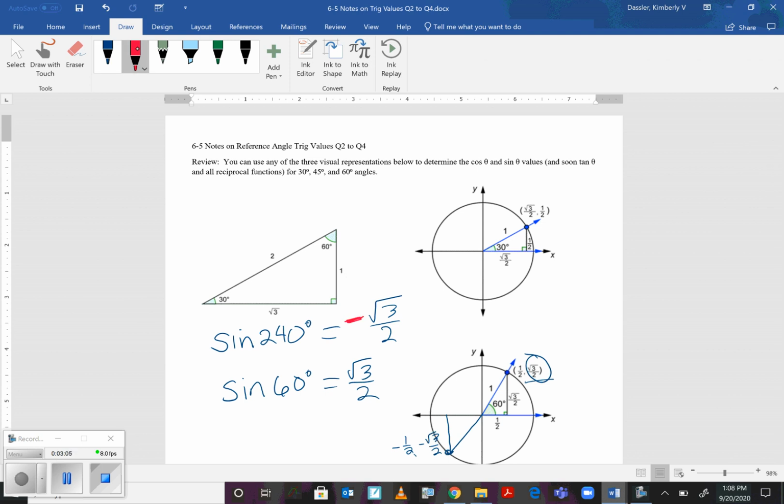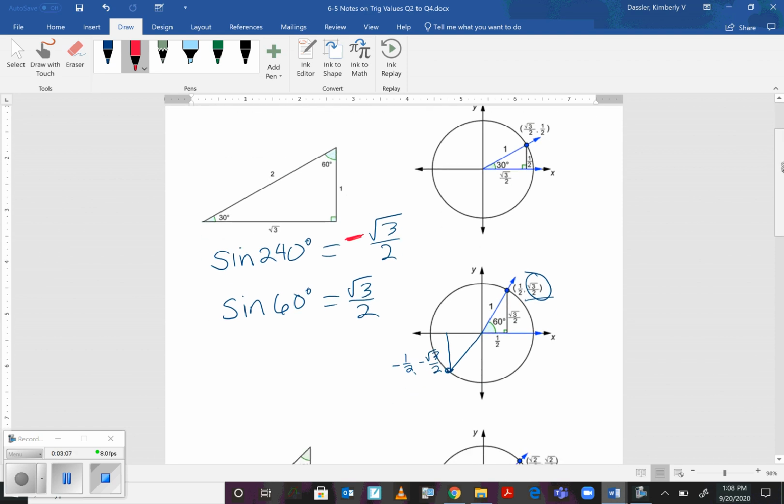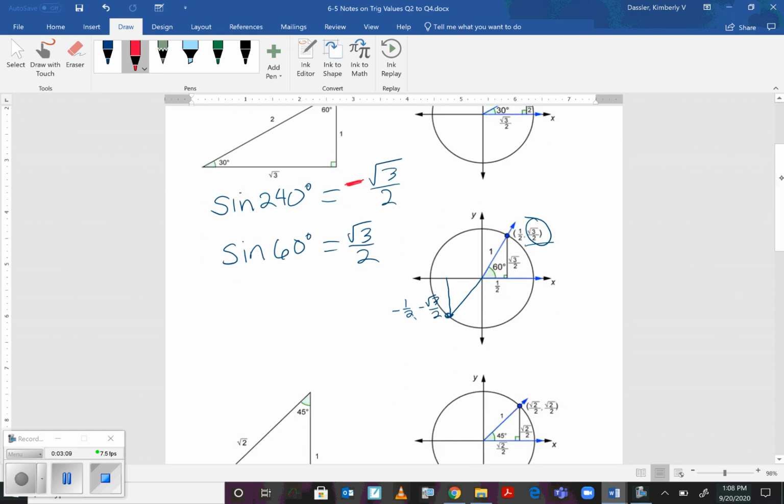And then remember, the way we remember which trig ratios are negative or positive in a particular quadrant, we're going to remember the acronym all students take calculus, meaning all trig ratios and their reciprocals, so sine, cosine, and tangent, and their reciprocals will be positive in the first quadrant.